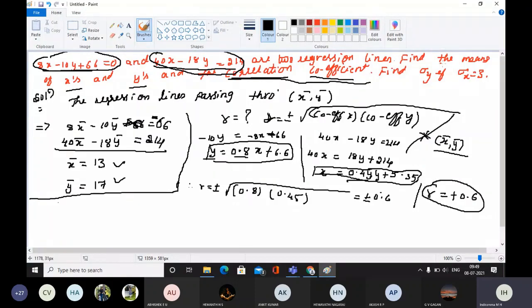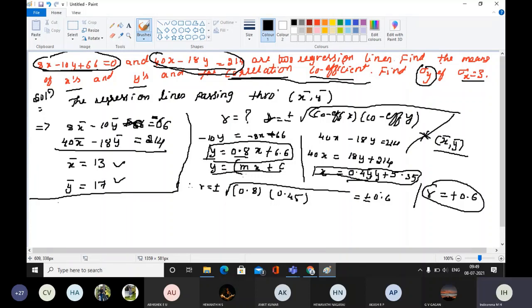Further, what we have to calculate is sigma y. They are given sigma x equal to 3. So by knowing r and sigma x, can you find sigma y? The first regression line can be written as y is equal to mx plus c, right?